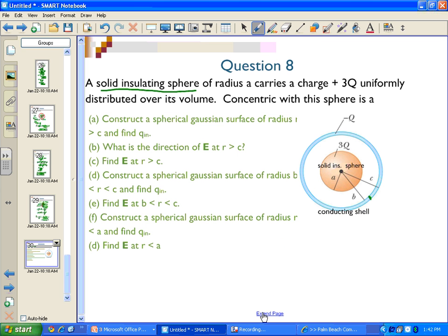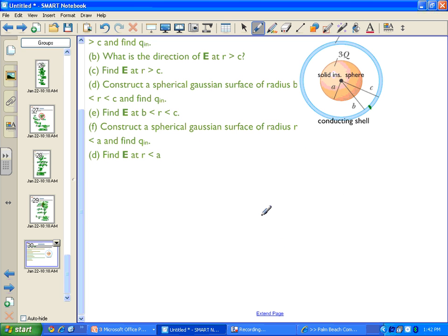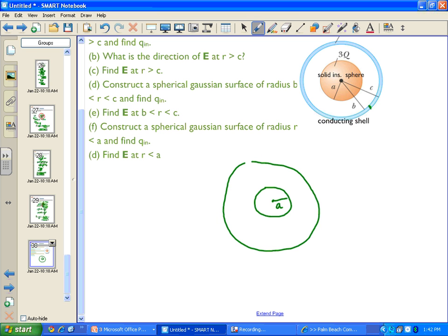So we have two types of objects that we are going to have to be concerned with. Both of them carry a charge, except the solid sphere has the charge uniformly distributed over its volume, but the conducting shell has charge that can only exist along its surfaces. Why? Because it's a conductor.